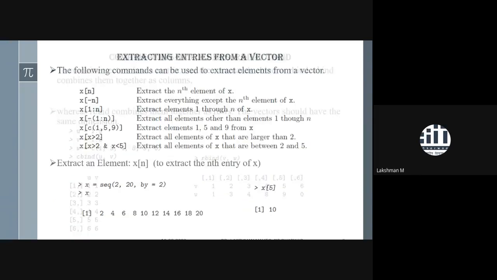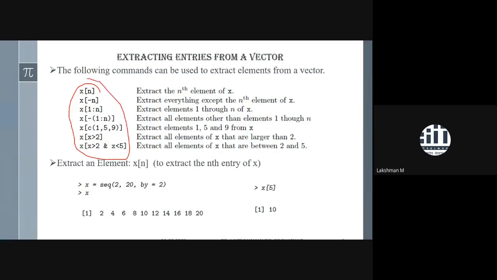Now, apart from that, you can take out entries from a given vector or matrix by using these commands. These are especially meant to extract elements from a given vector, and similar commands can be used for matrices as well.